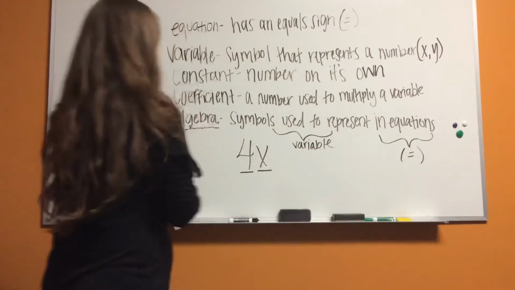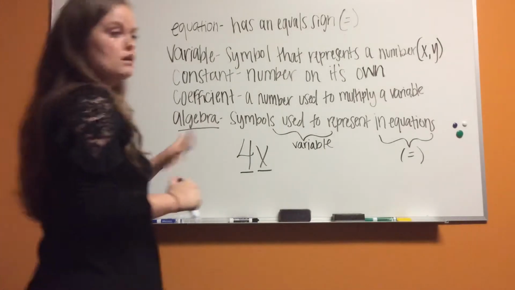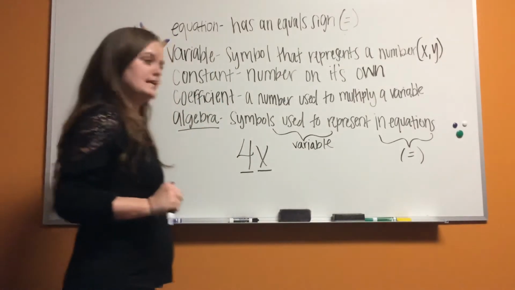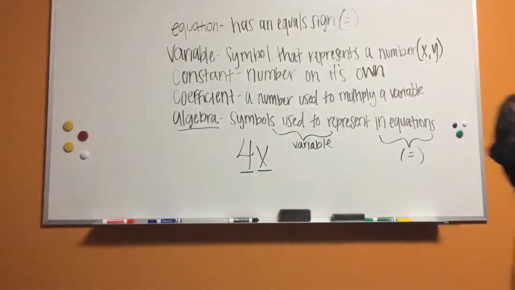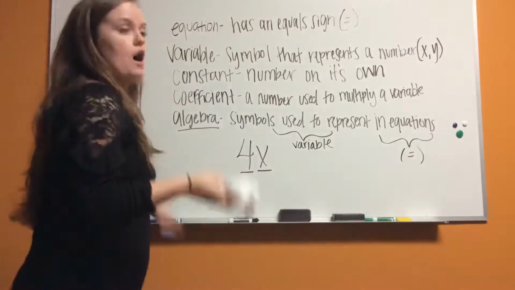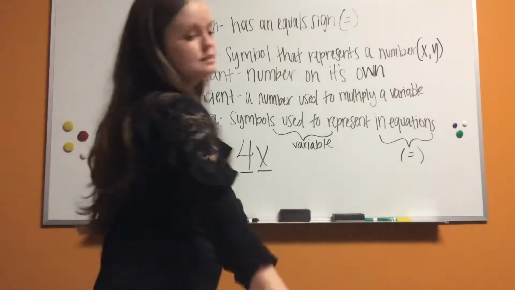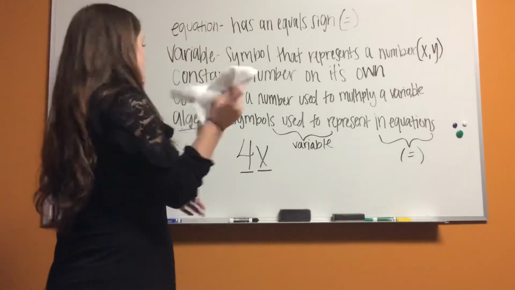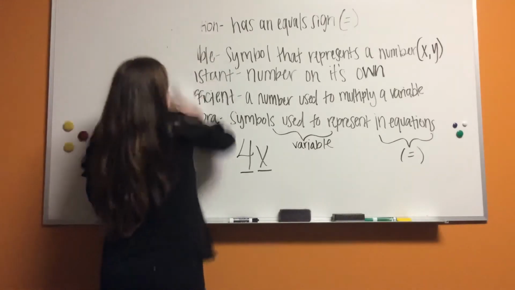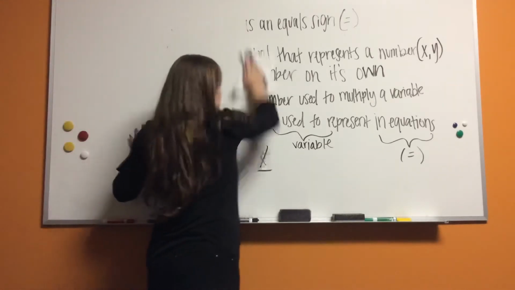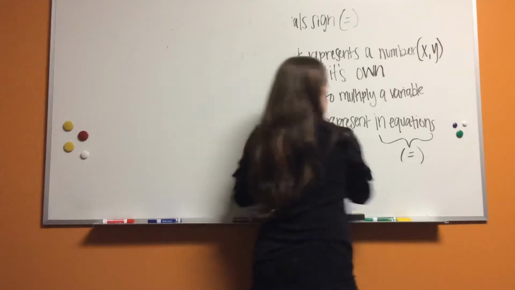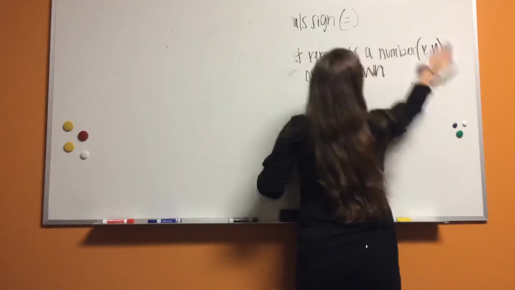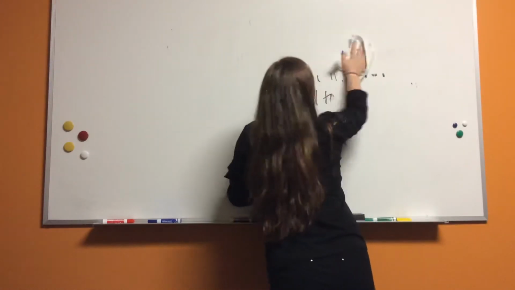All right, so today, does everybody have that written down? All right, good. So today we're going to work on simplifying and solving algebra equations, okay? So I'm going to go ahead and erase this, and we're going to have a couple examples on the board.